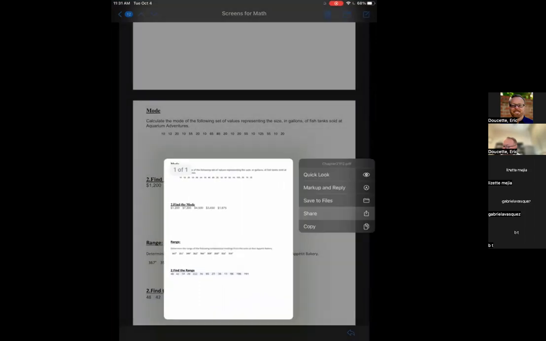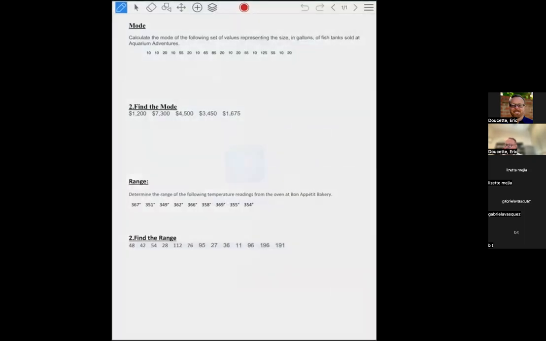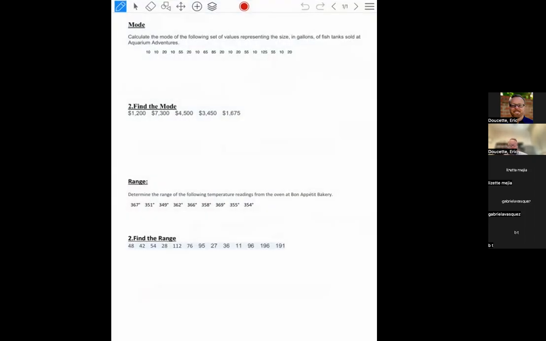And these ones are really simple as well. So mode, all mode is which one is the most often in a data set. So if I look here at this set of data, I have, let's see, I have 7 10s.